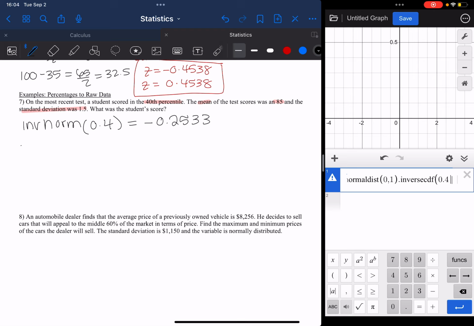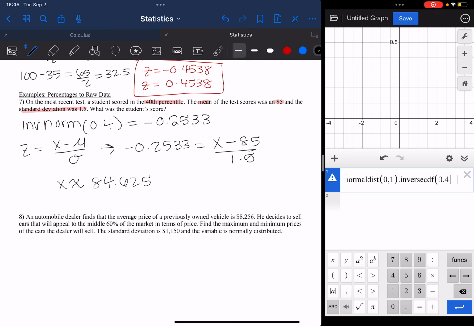Okay, so then I use my formula. z is equal to x minus mu over sigma, implies that negative 0.2533 is equal to x minus 85 over 1.5. Solving for x, I find that x is approximately 84.625, which means that they scored approximately an 85 on the exam.